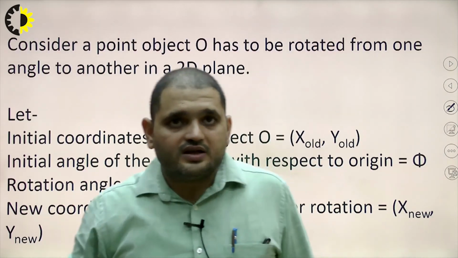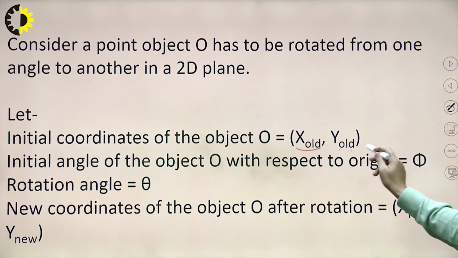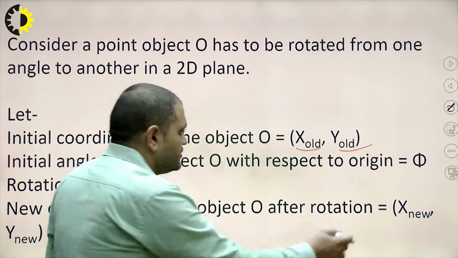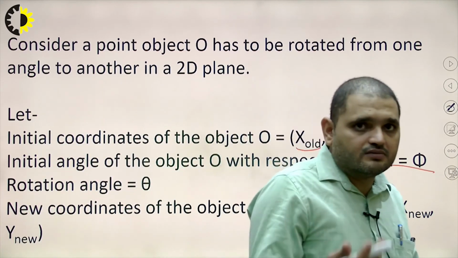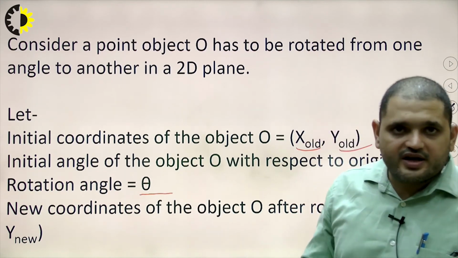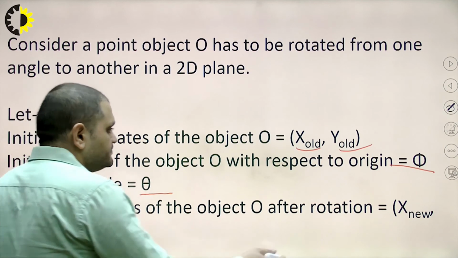So let the initial coordinate of the object be x old and y old. The initial angle of the object with respect to the origin is phi. The rotation angle, the amount by which this point has to be rotated, is theta, and the new coordinates of the point after rotation are x new and y new.